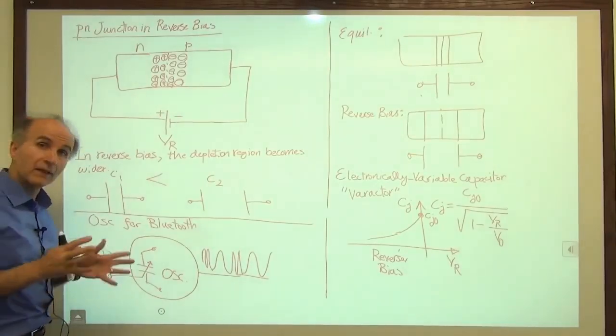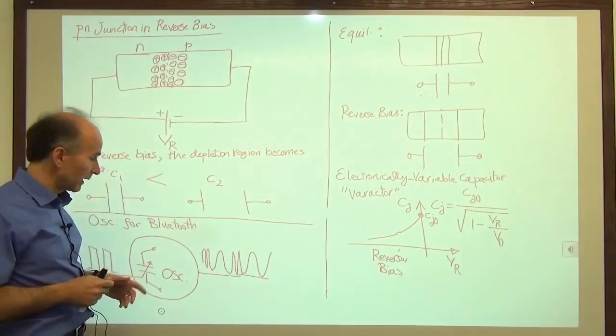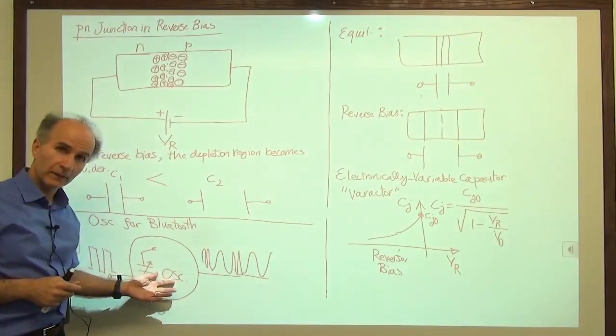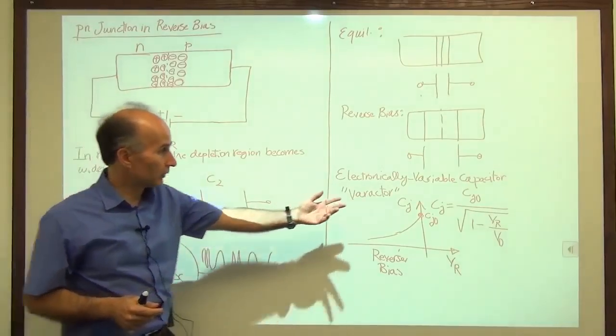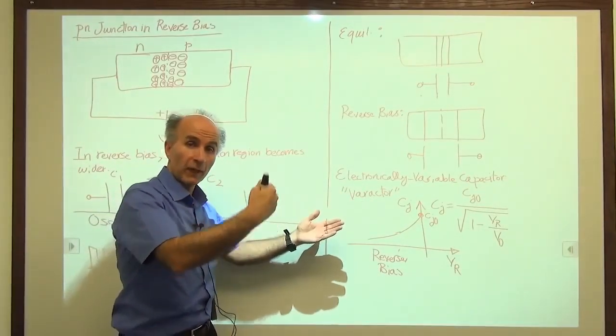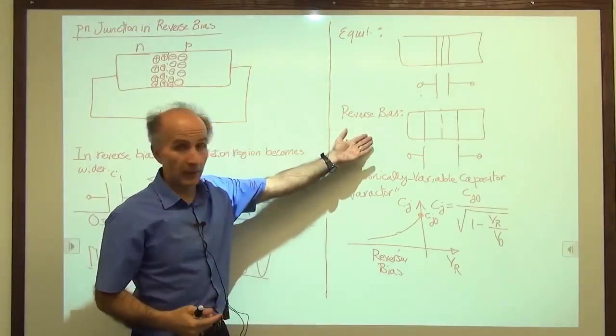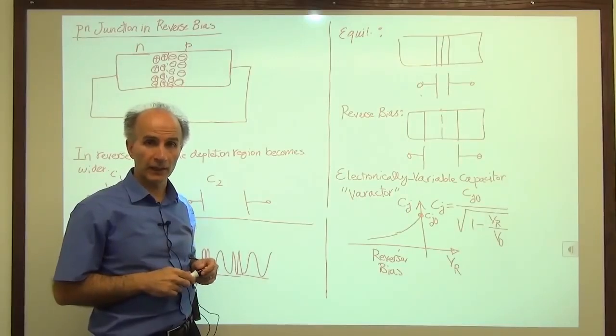Well, no, it doesn't need to have 3 terminals, and in more advanced courses you will see how such an oscillator can be designed. But the point is that what goes in here is a varactor, and one possible way of implementing a varactor is a PN junction. So that's what a reverse biased junction can do.